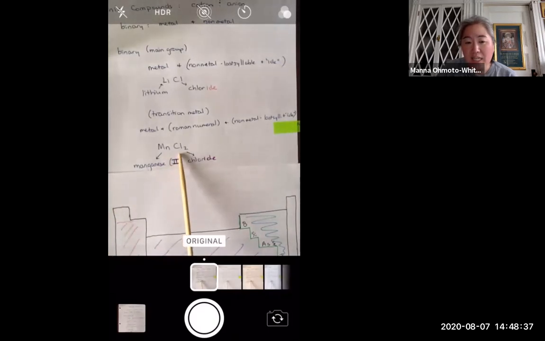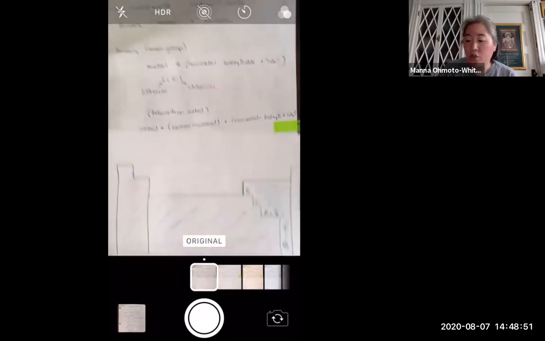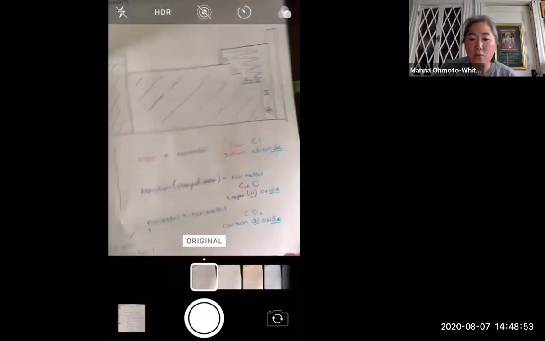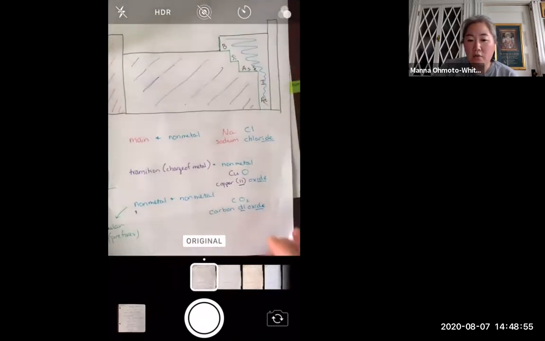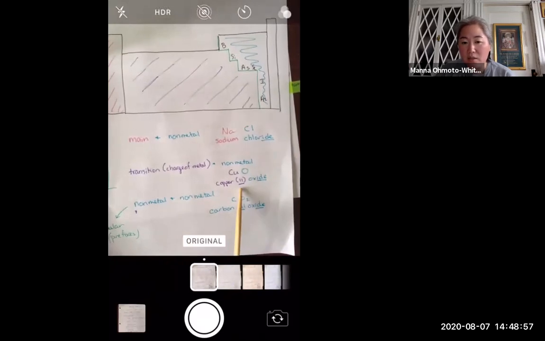So chlorine takes a -1 charge. I have 2 of them. I only have 1 manganese to balance that out, and so that manganese must have a +2 charge. So this is manganese(II) chloride, just to show you that the subscripts don't cause the Roman numeral to be what it is. I have CuO.